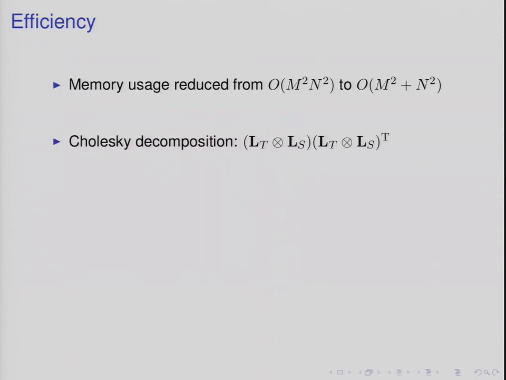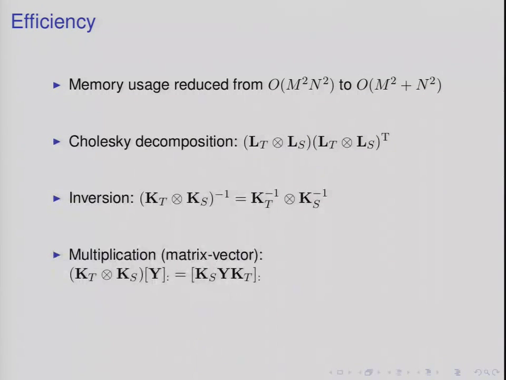We can do operations like a Cholesky decomposition separately in the temporal domain and the spatial domain, and then just combine the results. The same applies to inverting the matrix, just inverting both domains separately. So it's very efficient to deal with these much smaller matrices than the full matrix. Matrix vector multiplication is also very efficient.